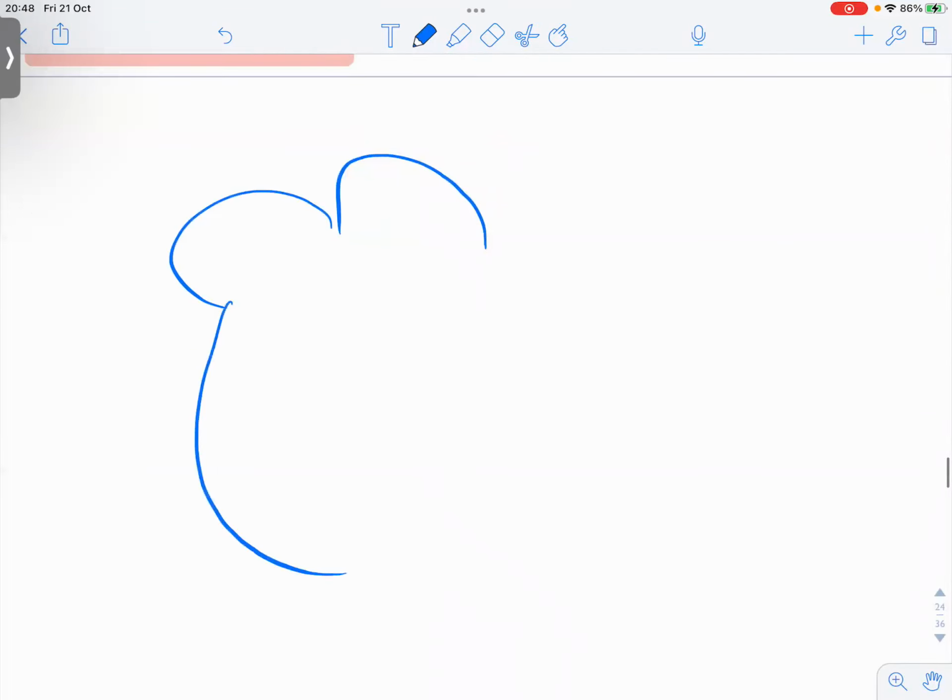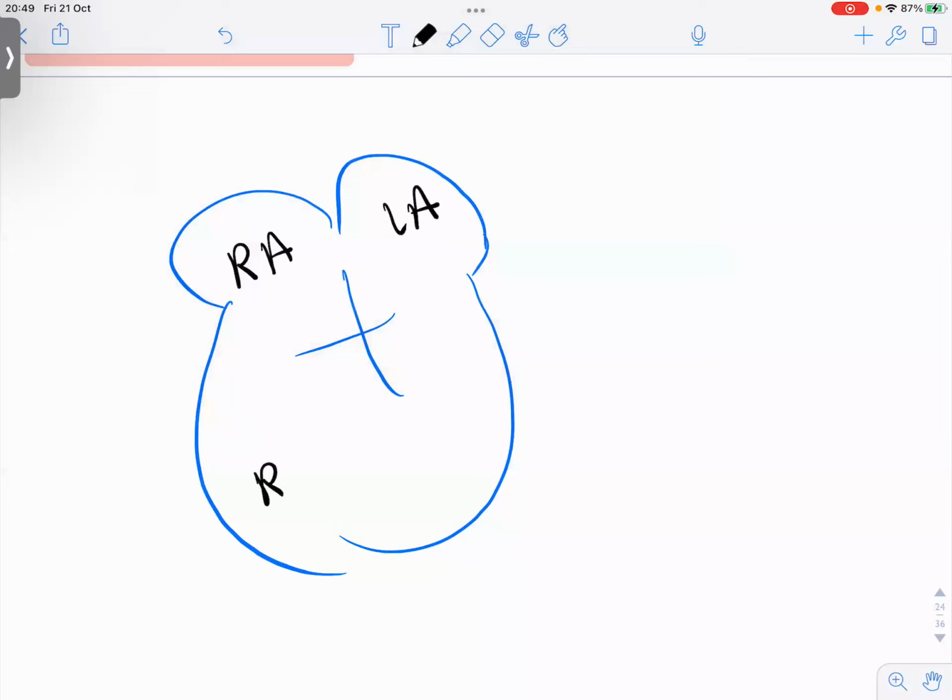There's the heart, and this is the right atrium, the left atrium, the right ventricle, and the left ventricle. And here you have something called the superior vena cava and inferior vena cava.